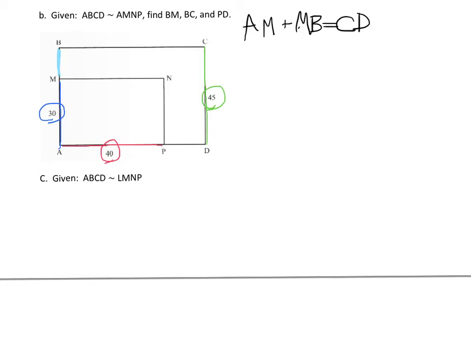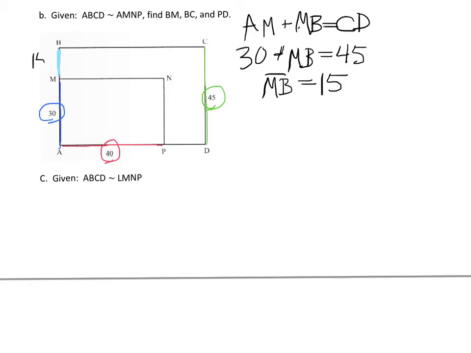So I know that AM is 30, and I'm solving for MB, and then I know that whole side length is 45, since that's a rectangle. And then I can solve for MB to be 45 minus 30, which is 15. Okay, so I'll write that in.